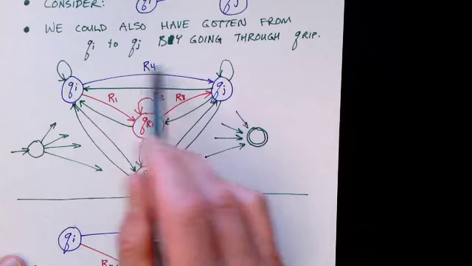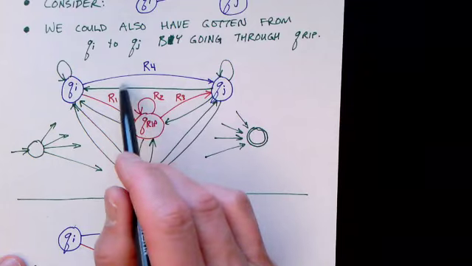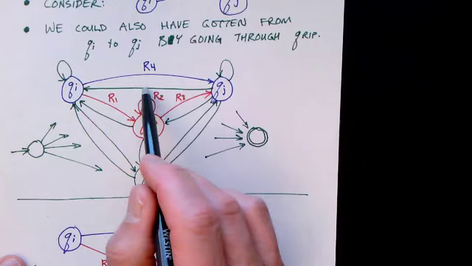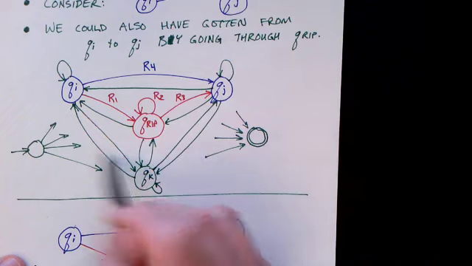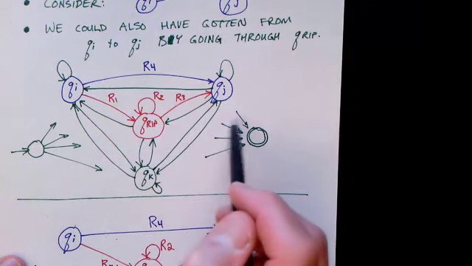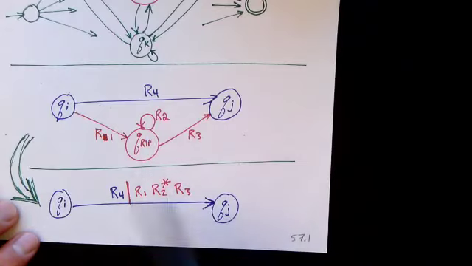So we have to modify not only this edge R4, but every other edge that remains. This edge, this edge, this edge, this edge, this edge, and all of these edges as well. But for each one of them, we make a similar modification.